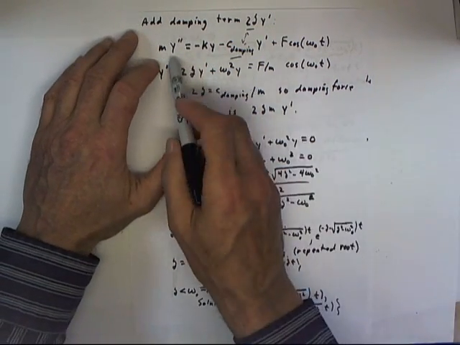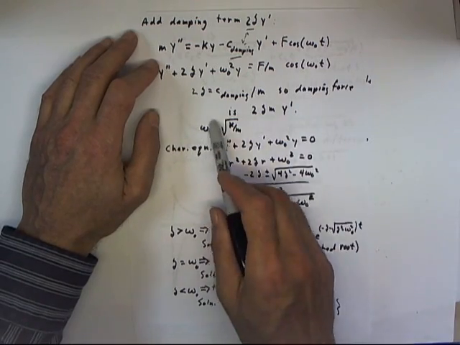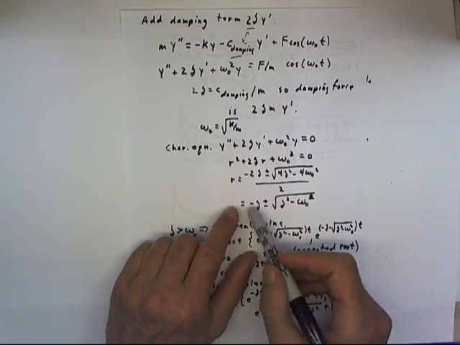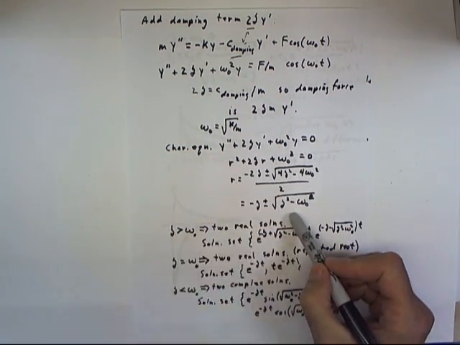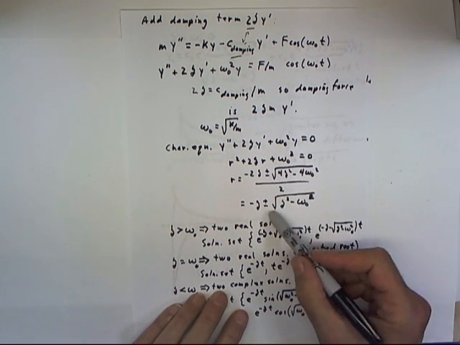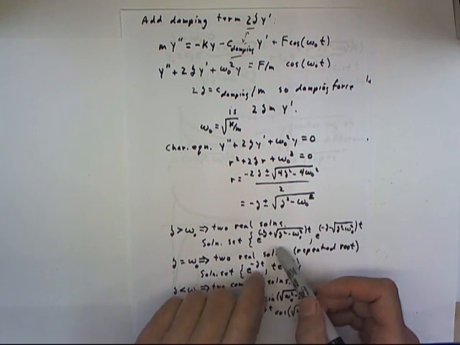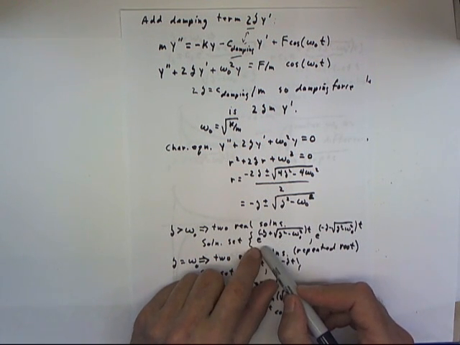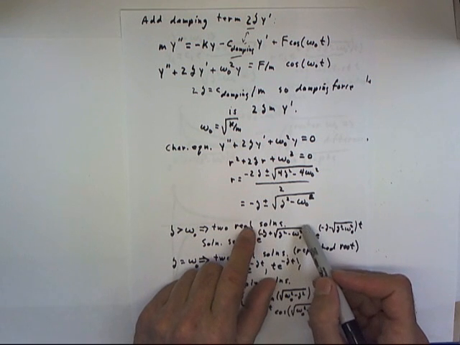Okay, recall that our original equation, when we solved the homogeneous equation, our characteristic solution, if delta was bigger than omega naught, our square root would be real, so that we get two real solutions with exponentials having negative coefficients of t.